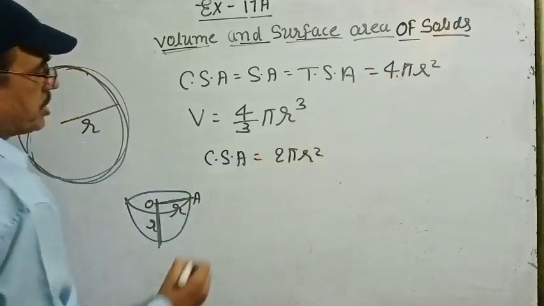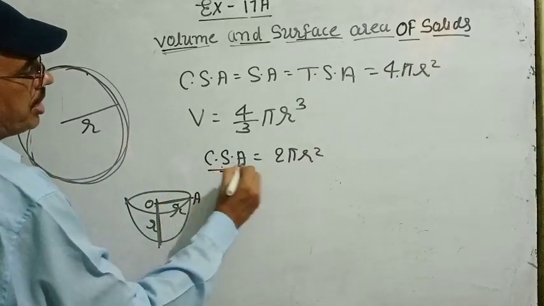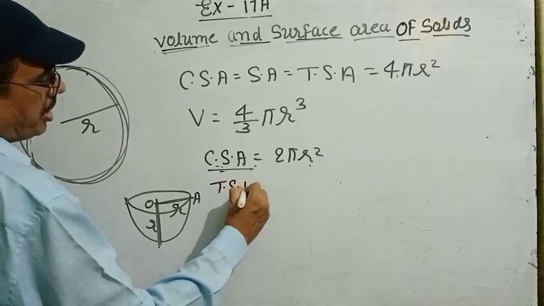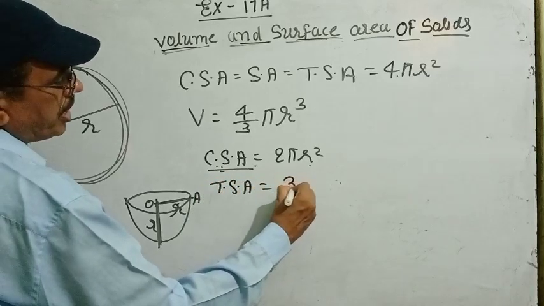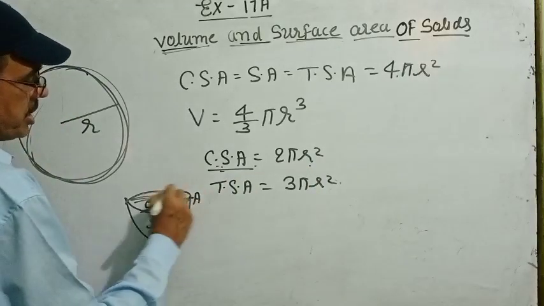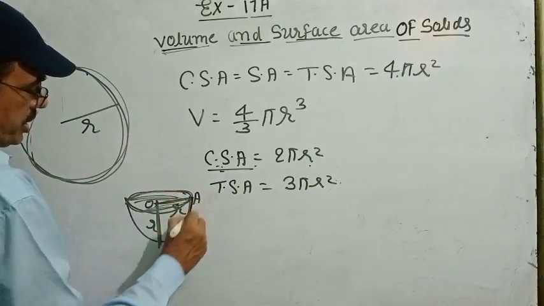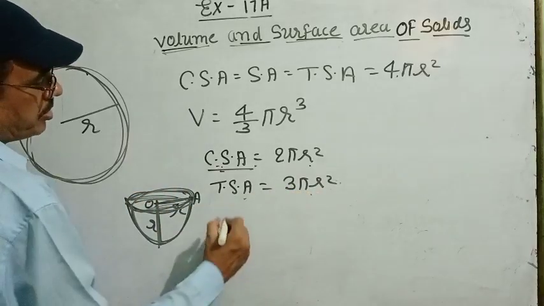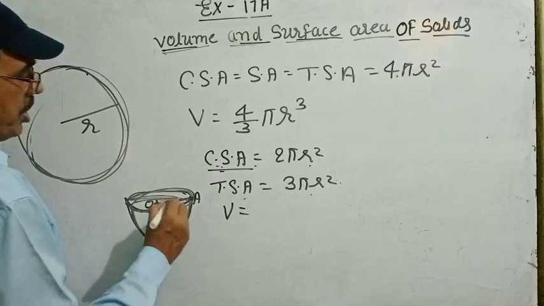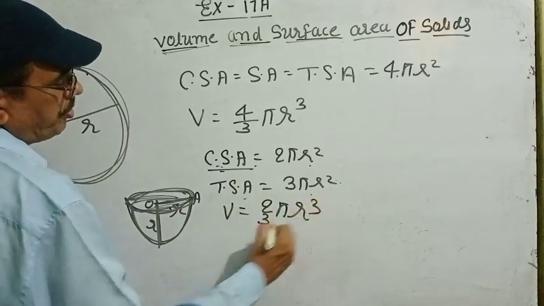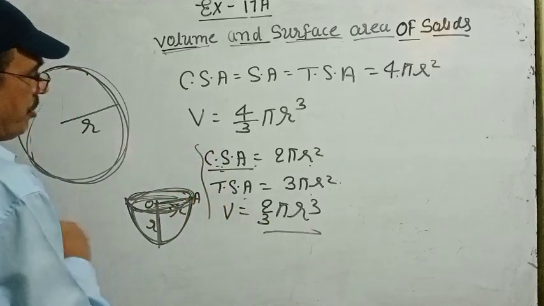This is the hemisphere CSA, 2 pi R square, and TSA is equal to 3 pi R square, because 1 pi R square is added, which is the part of the circle. It is 2 pi R square and 1 pi R square is the circle, that is 3 pi R square. And last is volume. Volume is 2 by 3 pi R cube.